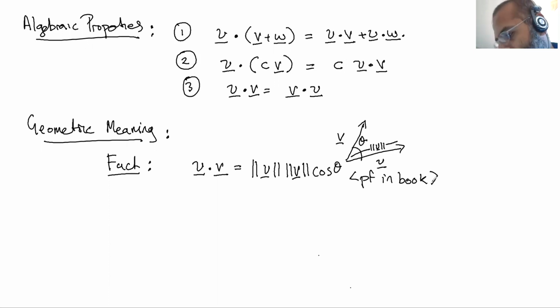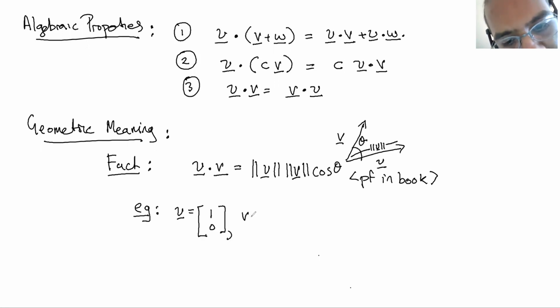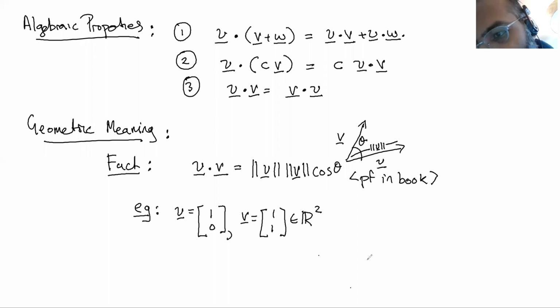But maybe I'll just show you an example to make sure we're all on the same page. Let's say I have two vectors, (1, 0) and (1, 1) in R^2. Well, I can draw these vectors. U looks like this, and maybe v looks like this. And I'm interested in the angle between them.